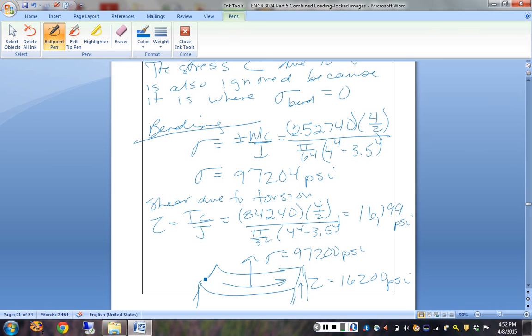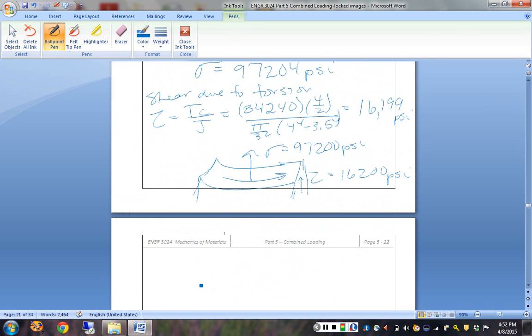Is that making sense? Because what does my torsional profile look like? Torsion is all the way around, and this is compression on one side, tension on the other, with 0. So either this location or this location are my worst case scenario. So that's how I know, because this side and this side only have my two torsional shears.